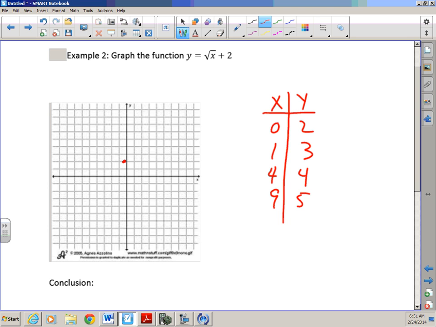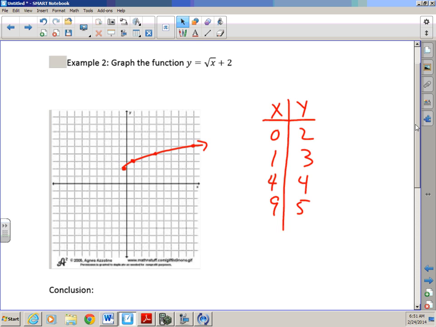And hopefully you've noticed what's happened here is that your graph shifted up 2 units.